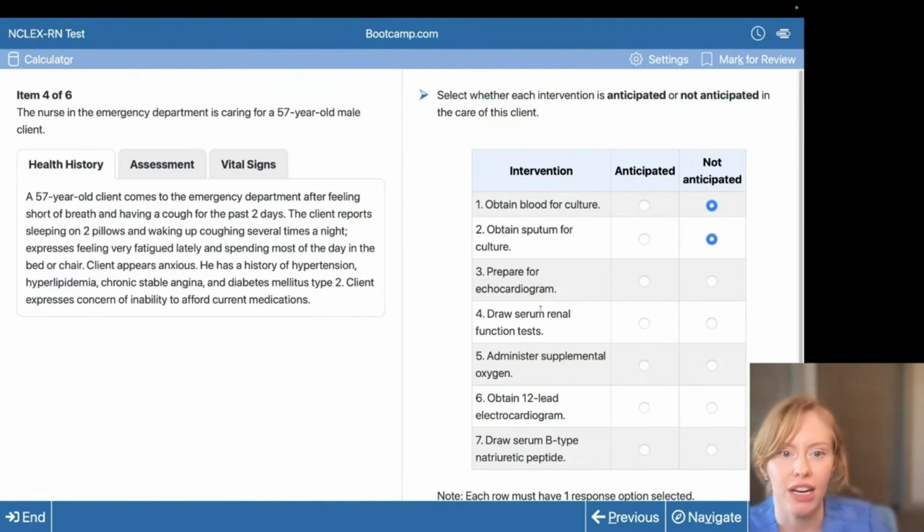All right, next, do we need to prepare for an echocardiogram? And this is how the NCLEX likes to test whether you know what a procedure is indicated for. Do I need to do it for this patient or not? And an echocardiogram, if you guys have never had a chance to see this, it's pretty cool to watch at the bedside.